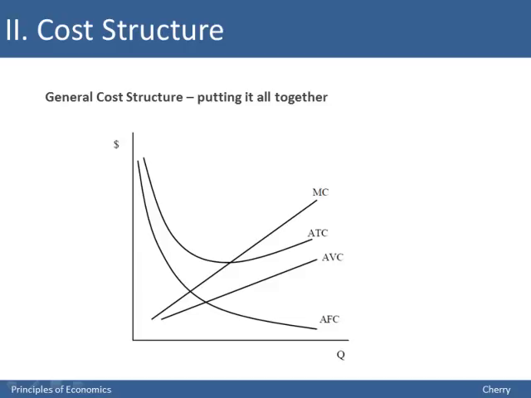And one thing to keep in mind is that marginal cost crosses at the minimum point of the average total cost curve. And we'll talk about that in a second on why that's the case. But what we have here is all of these different cost curves, and now we have some understanding of why they're shaped the way they are and their relationships between them.